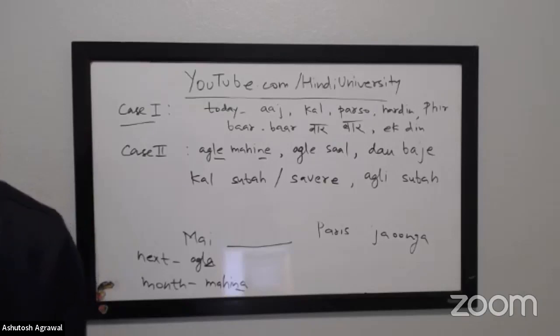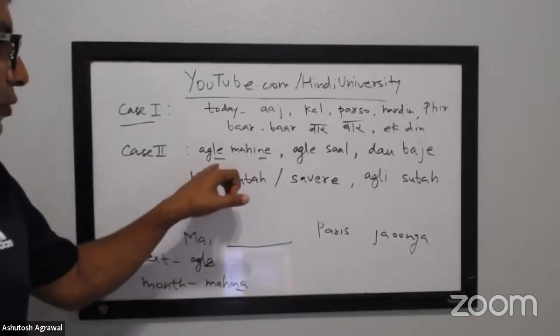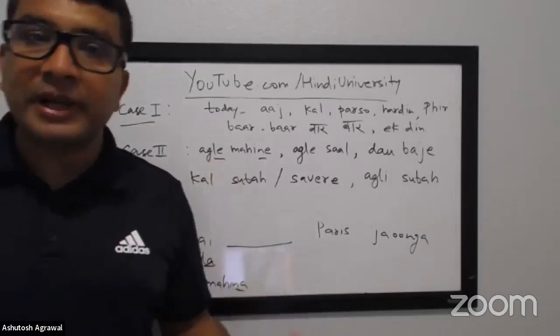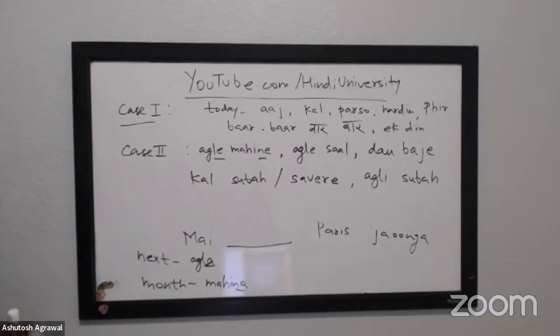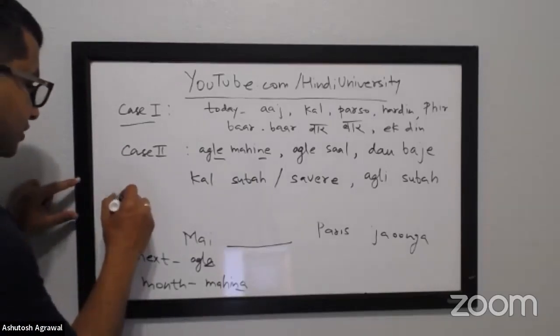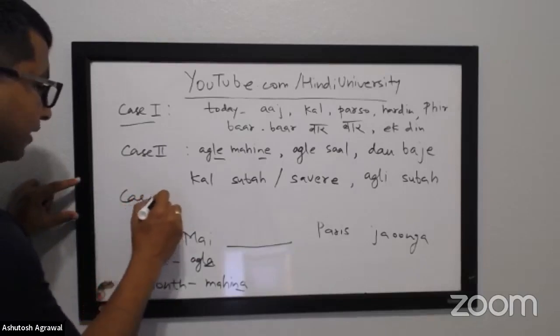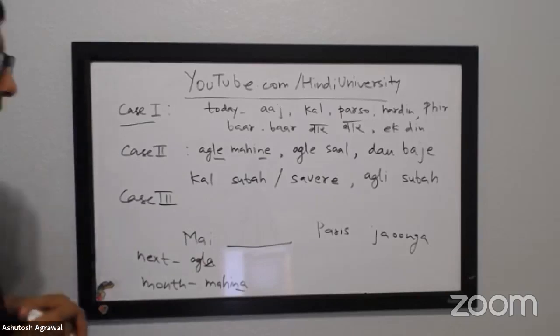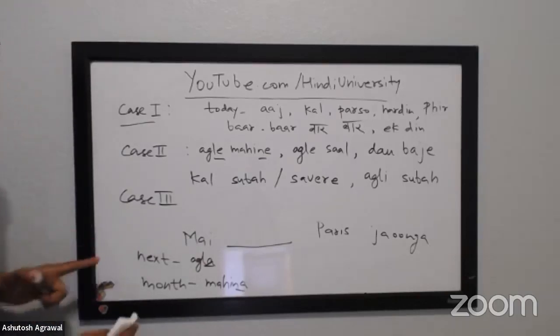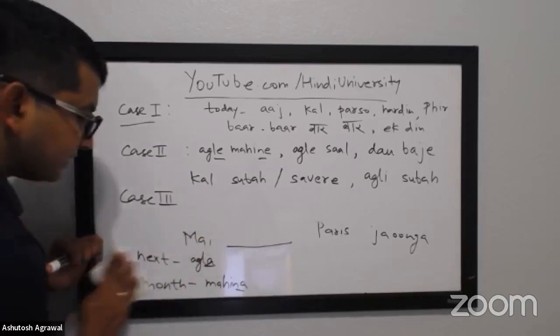Any questions so far? This is still on category number 2, where there's an implied postposition. You are not saying it. Any questions before I jump to case number 3, where you may or may not use the postposition? I'm going to erase this one because I think by now you probably have memorized it.